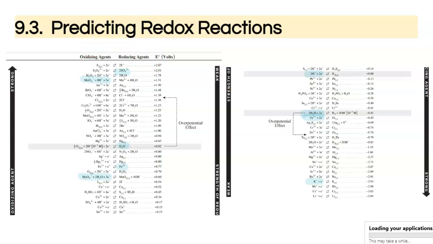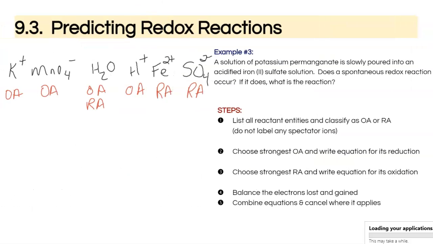So I'm going to switch back and also label my iron 2+ as being an oxidizing agent as well.